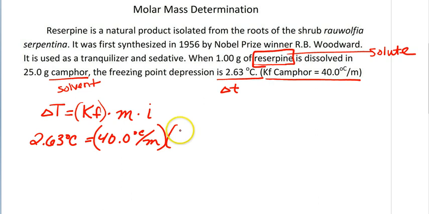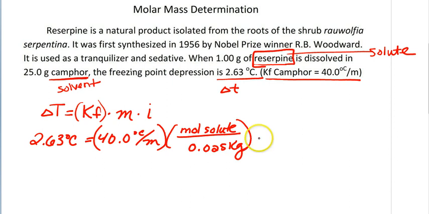So what we need to do first is solve for mole of that reserpine, so mole of solute. And we are given a mass of the solvent, which is 25 gram. So we could quickly change that to 0.025 kilogram. And then the van't Hoff factor for this, reserpine, it's a natural product. We're going to assume that's organic, and so therefore it is not ionic.